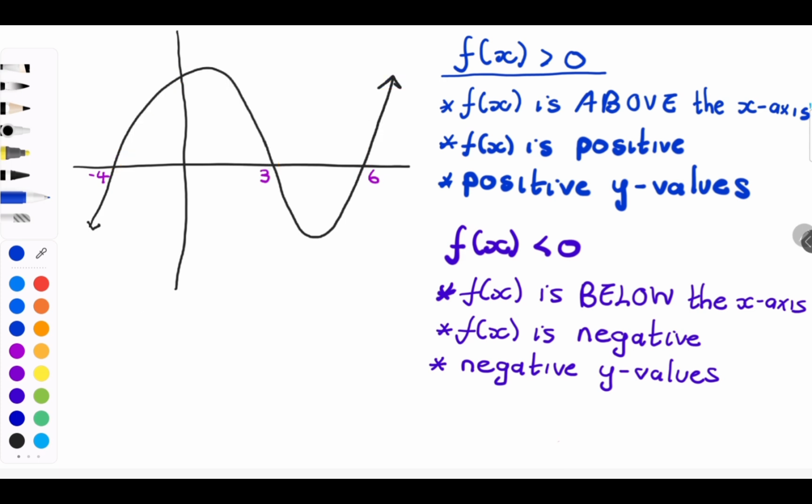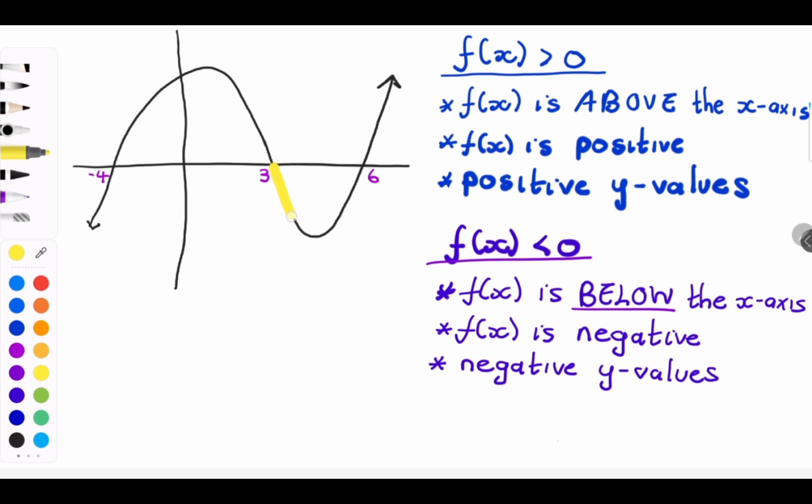So now we want where f of x is less than 0, meaning that f of x is below the x-axis. So f of x is below the x-axis right here, as well as over here, the part highlighted in yellow.